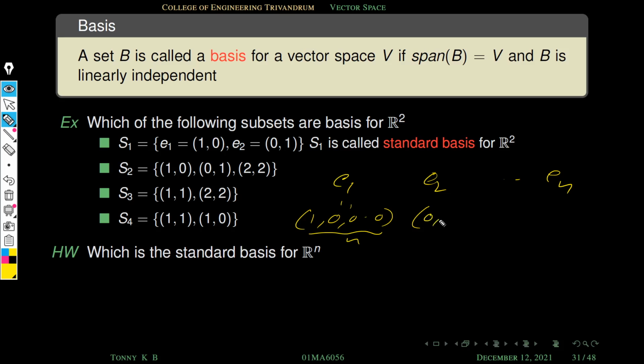And what is E2? (0, 1, 0, etc., 0), and similarly, the last one has 1 at the end. So E1, E2, etc., En. You can generate every element in Rn using these n vectors. You take the linear combinations of E1, E2, En, and this set is called the standard basis for Rn. Normally we choose the standard basis as the basis for Rn if nothing is mentioned.